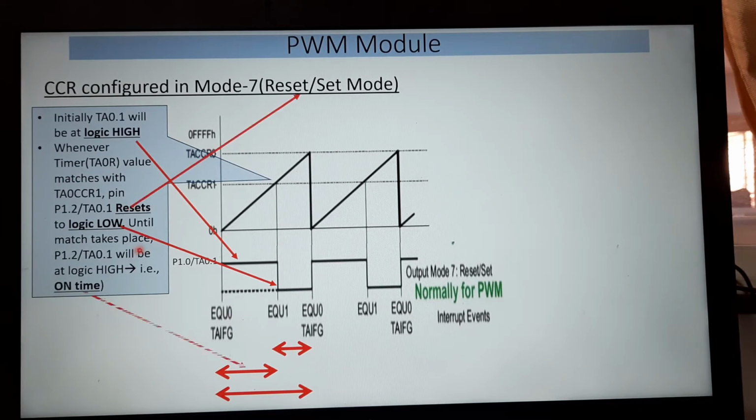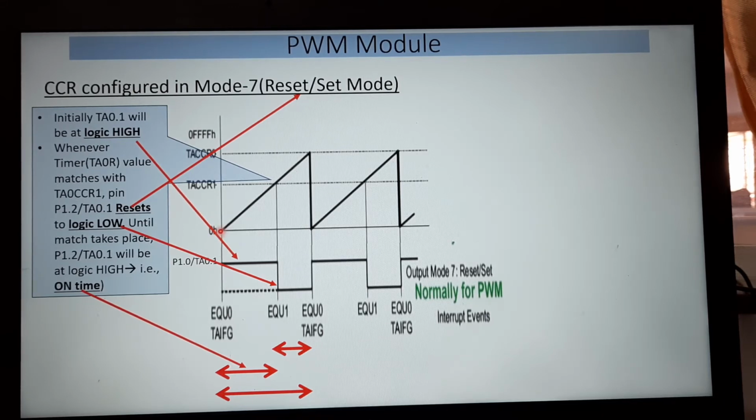Next, initially the pin P1.0/TA0.1 will be high when you configure the CCP module for PWM mode. When the timer starts from 0, it first matches with the value in TACCR1. Whenever the timer matches the value in TACCR1, the pin goes from high to 0. That's why it's called reset.